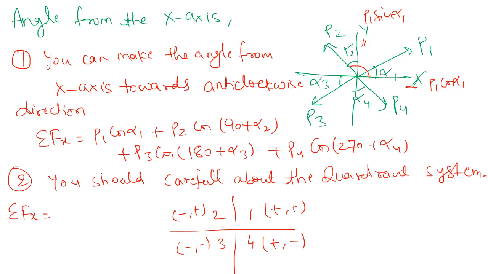This is your P2 cos alpha 2 and this is your P2 sin alpha 2. Now for P3 we can take blue. So this is P3 cos alpha 3 and here it is P3 sin alpha 3.